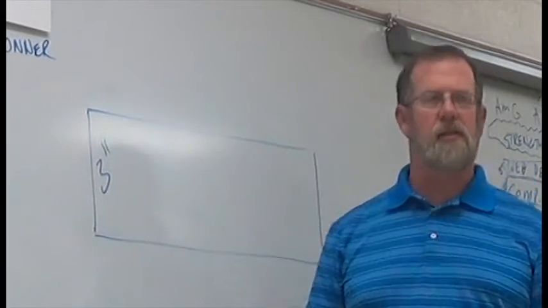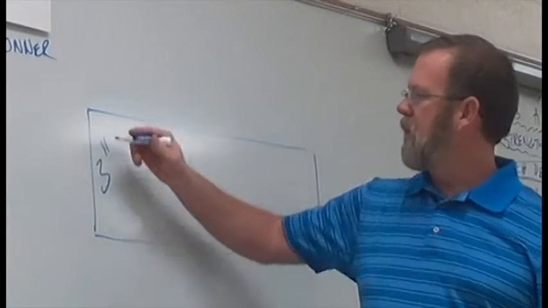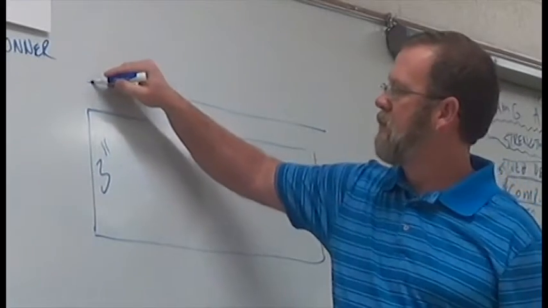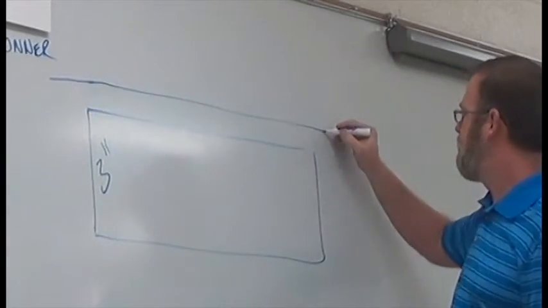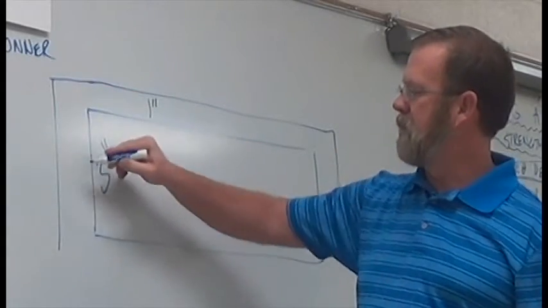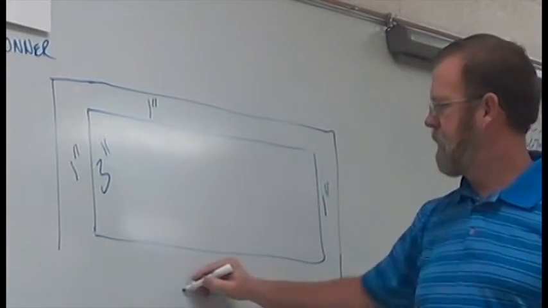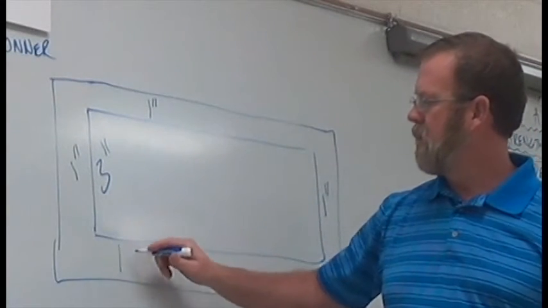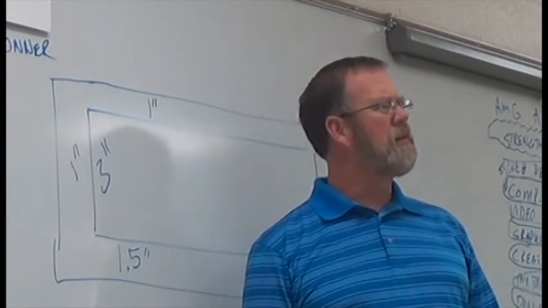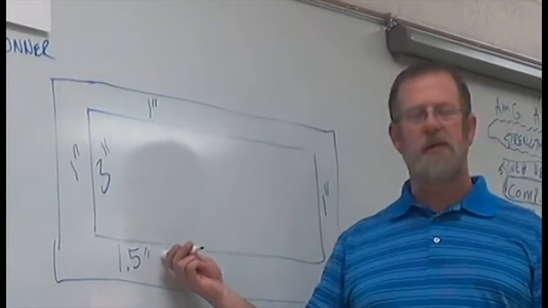So we have to have our text line support a capital letter. It's the tallest thing that would be on the line. What's our border on the top going to be? 1 inch. And we said the sides are 1 inch. But the bottom is going to be 1.5 inches. Why would that be wider than the top border? Why would we leave an extra 1/2 inch down here?